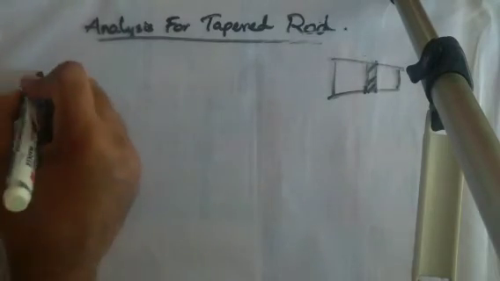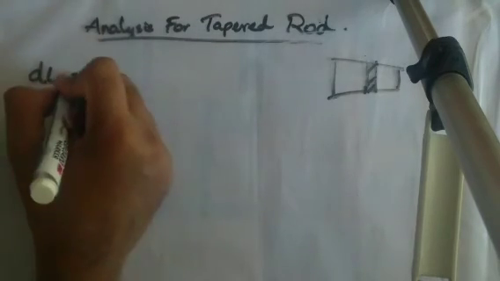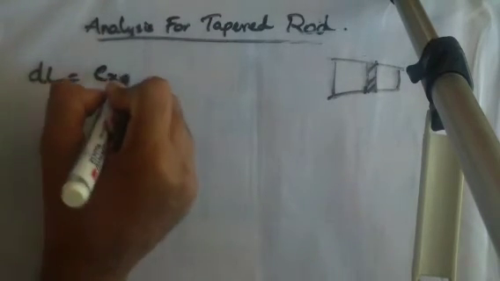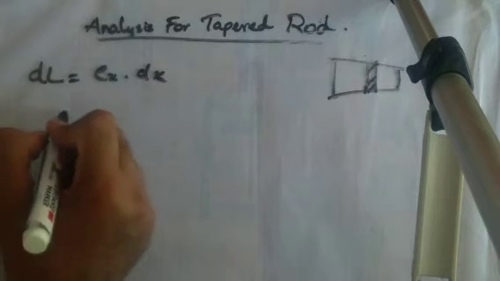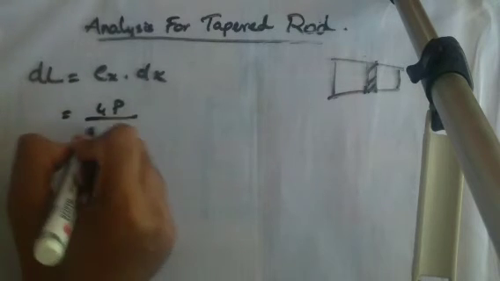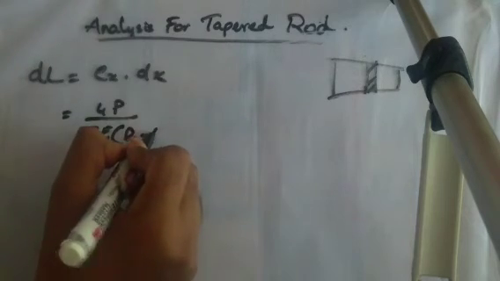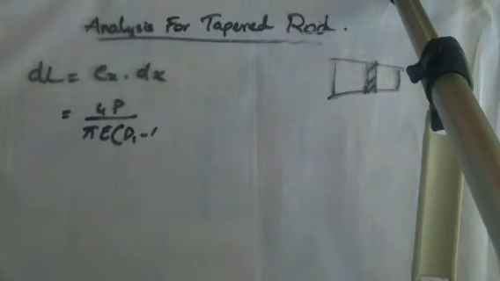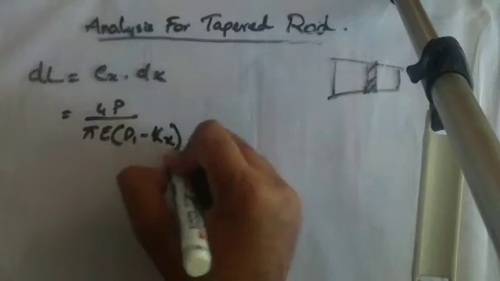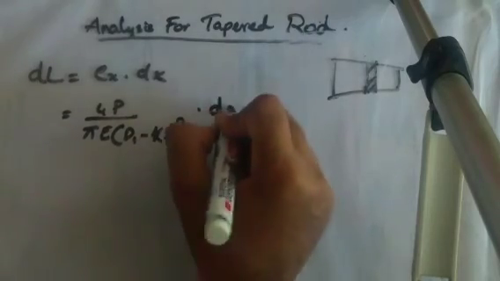The elongation in this portion due to the tensile load will be e_x into dx, which is 4P by pi E into (d1 minus kx) the whole squared into dx.